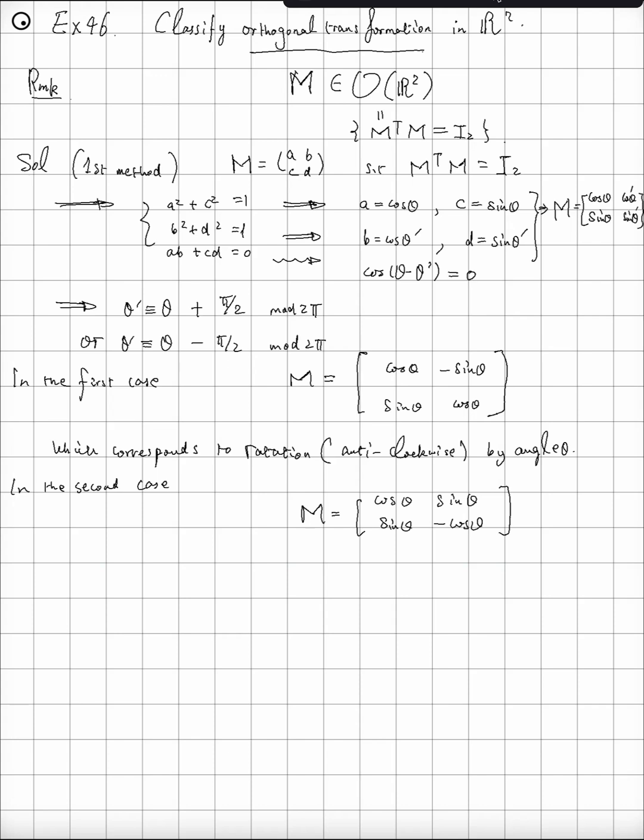And so this corresponds to when theta prime equals theta plus pi over 2, we have cosine of theta plus pi over 2 equals minus sine theta, and sine of theta plus pi over 2 equals cosine theta.